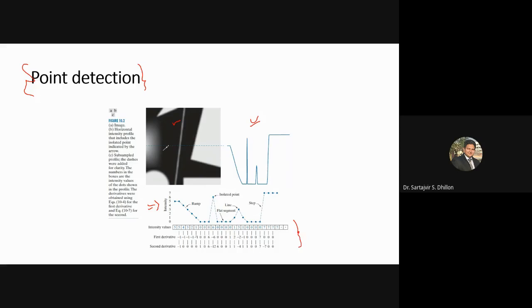These are the intensity values of this intensity profile, and these are the two derivatives. Hopefully you remember this diagram. We have already done it in the fundamentals of digital image processing, and we will just repeat this task. This is the intensity profile of that particular image, where intensity defines the intensity of a particular pixel.